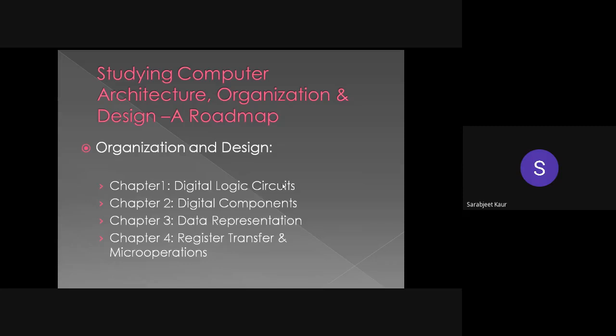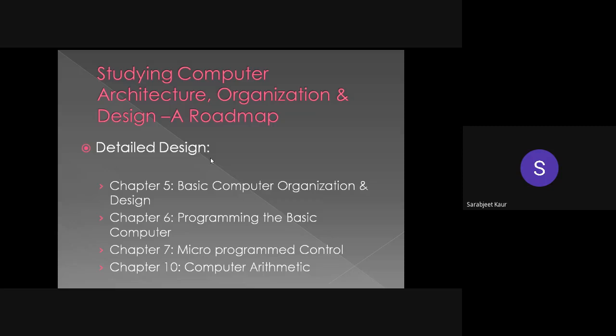So, for example, chapters 1, 2, 3, and 4, where we talk about logic circuits, digital components, data representation, and register transfer and microoperations. These chapters deal not only with the organization part but also take us deep down to computer system design. Then detailed design is covered in chapter 5, basic computer organization and design.